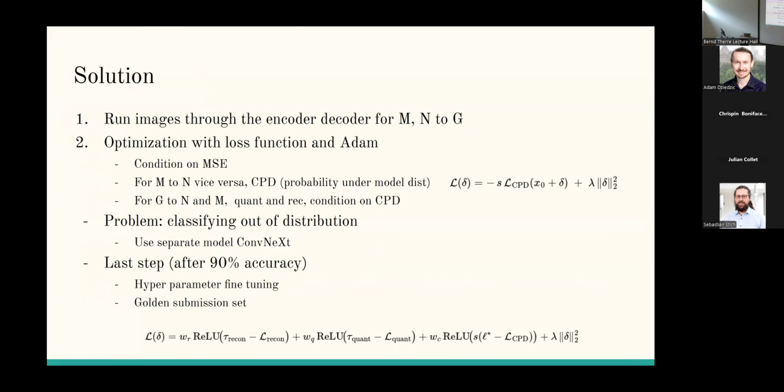But if it's not in distribution, it hasn't seen it before, so that's kind of stupid. But ConvNeXt is just a model, and Claude pointed us to this, and another team did it too. So I think Claude maybe pointed it to many people. ConvNeXt is a model specific for giving a label to an image, like here's a car, there's a car.